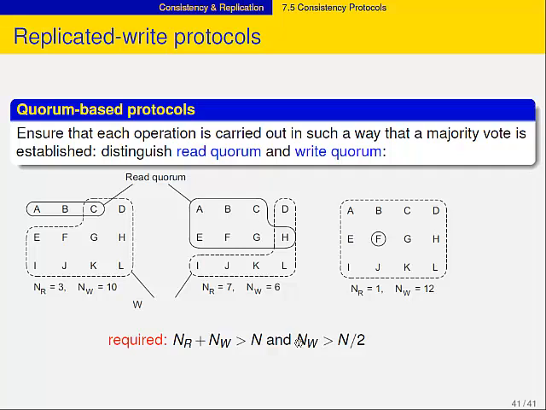So this is the second condition, which is very important, that the write set needs to be larger than half of my total set of servers. And you can explain why. Now we can have two writers writing on the same data at the same time. Be more accurate.